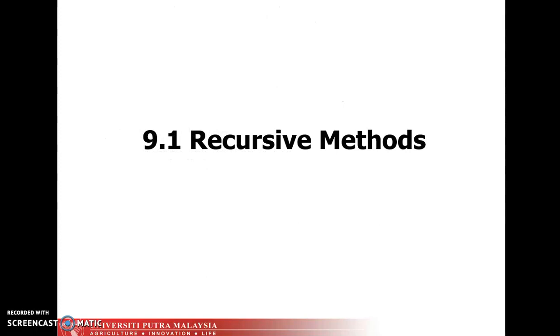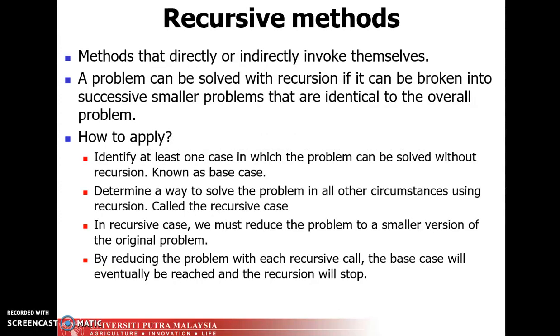Now we start with the introduction of recursive methods. Guys, how do you define a recursive method? A recursive method is a method that directly or indirectly invokes itself repeatedly to perform a programming process.